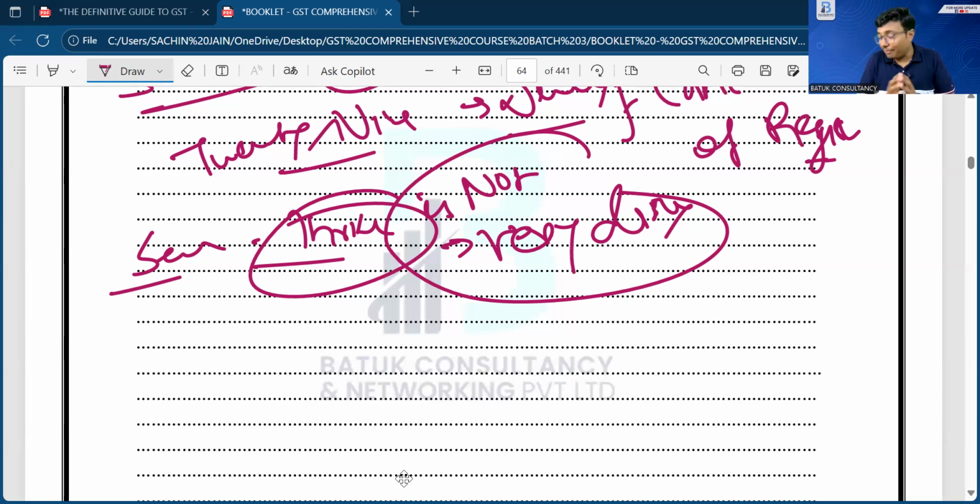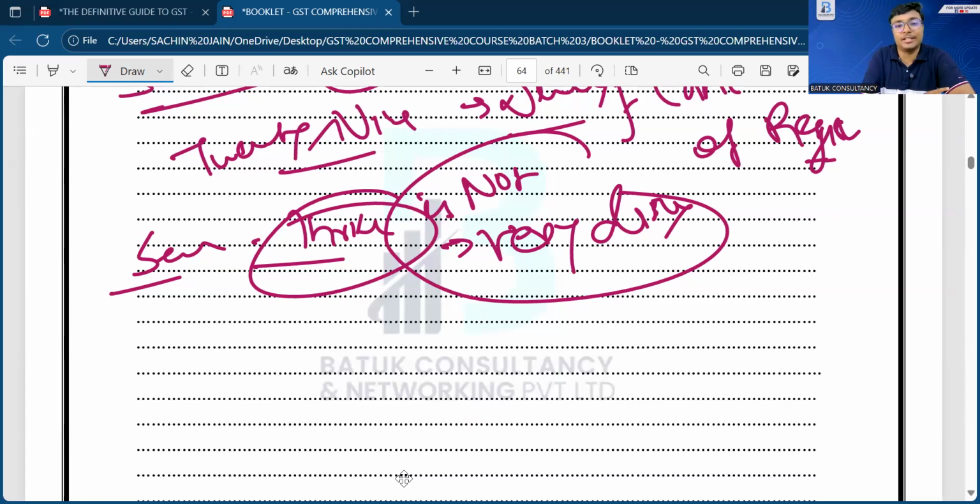When you file an amendment application and the departmental authorities issue a show cause notice, the reply should start with: as per section number 28, we have filed the application. When you are applying for registration and the departmental authority does not give you the registration or issues a show cause notice, in the reply we have to refer to section number 22.